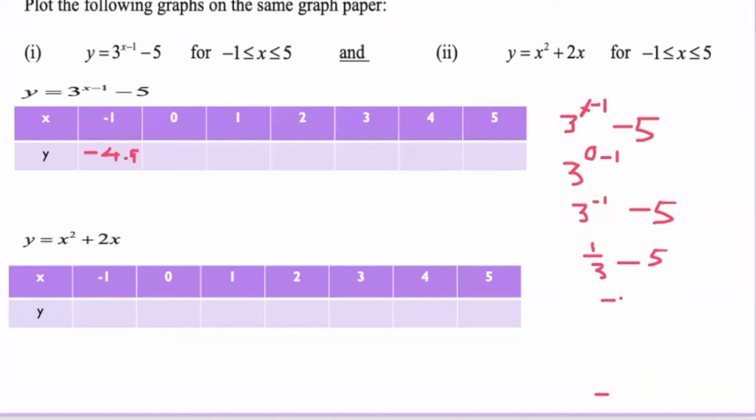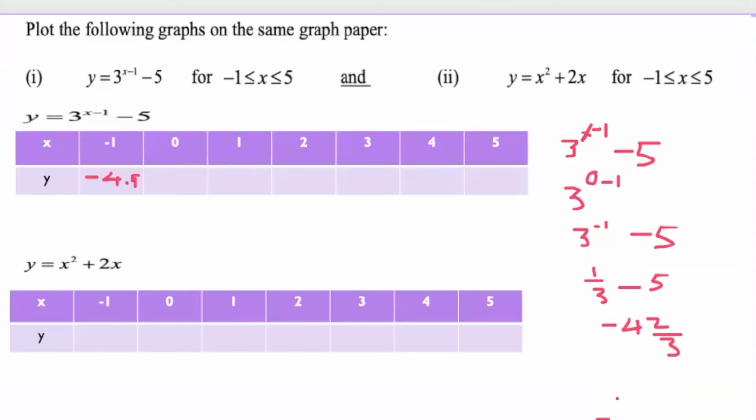And that would give me -4 and 2 over 3, which is the same as -4.7. So I'm going to have this as -4.7.